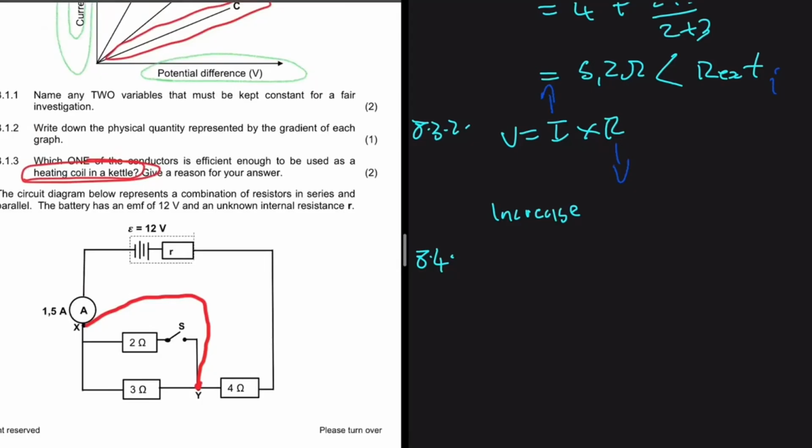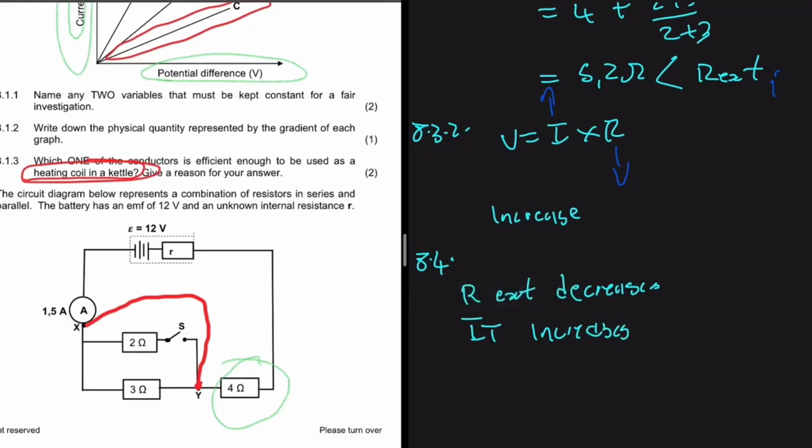So if we connect X and Y, we have reduced the resistance, because now the only resistor that will be getting current is the 4 ohm. What we can see first is that R external decreases. But what is the consequence of that? If R external decreases, then IT, the total current in the circuit, increases.